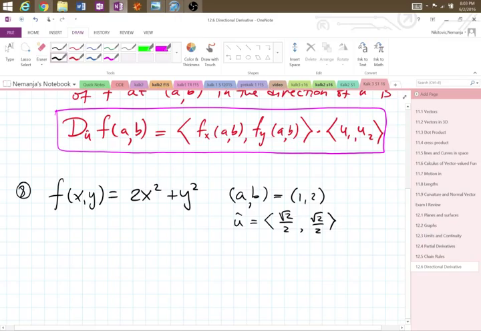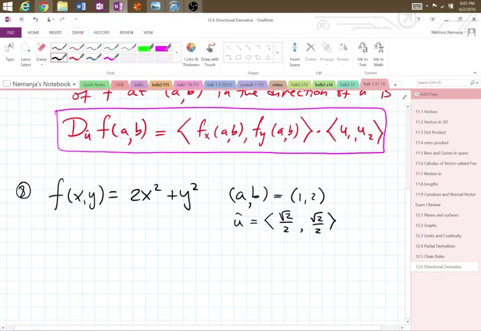Getting 7 in this case is wrong. You first find the partial derivatives, and this is the partial derivative with respect to x computed at (A, B). So (A, B) is (1, 2).